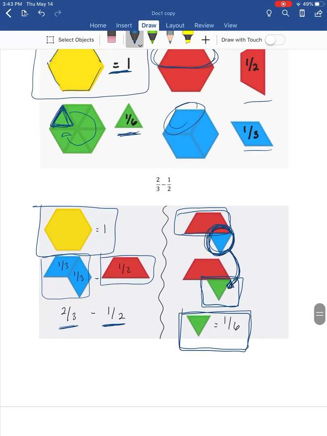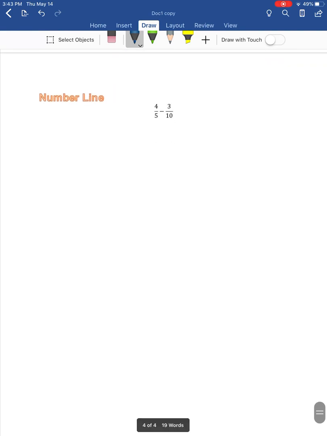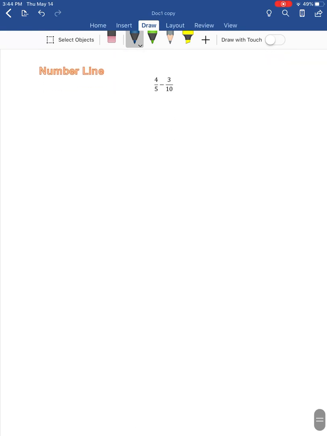Okay, moving forward, we're going to look at another non-standard method to solve. This time we're going to use a number line. So here our problem is 4/5 minus 3/10. We're going to draw a number line that goes from 0 to 1. Remember that 5/5 or 10/10 would be equal to 1.